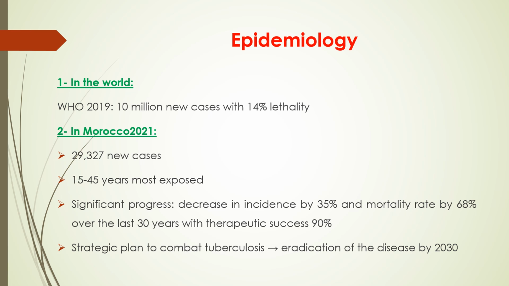We had significant progress in the treatment of the disease, with a decrease in incidence by 35% and mortality rate by 68% over the last 30 years, with a therapeutic success around 90%. We have a strategic plan to combat tuberculosis in the hope to eradicate it by 2030.